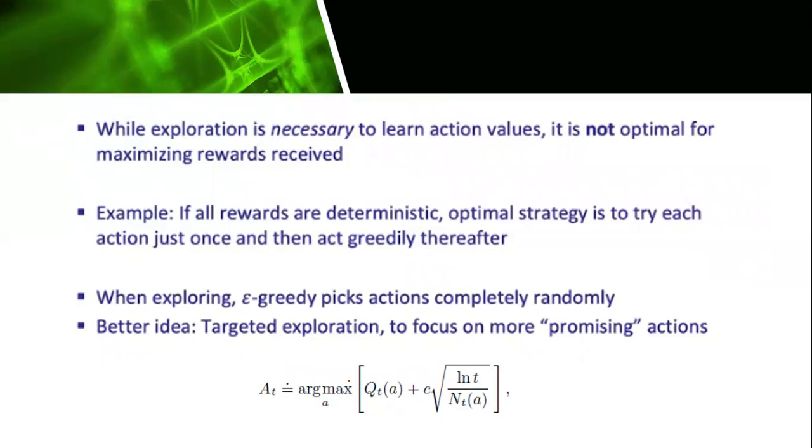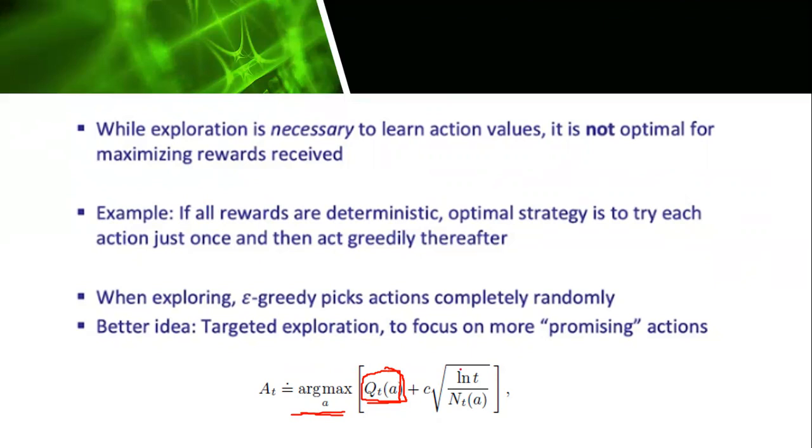The upper confidence bound equation is the maximum of Qt of A. Qt of A is the score that we receive through the techniques we have discussed: epsilon greedy, sample averaging, incremental updates, and so on.